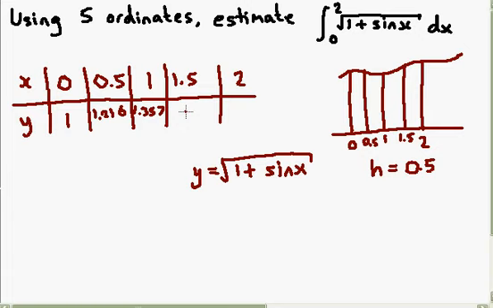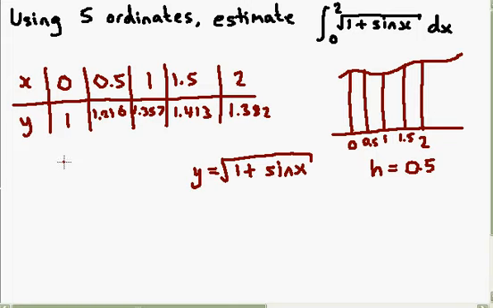Square root of 1 plus sine of 1.5 is 1.413. And when x is 2, square root of 1 plus sine 2 is 1.382. Okay? So, now I can use the Trapezium Rule.